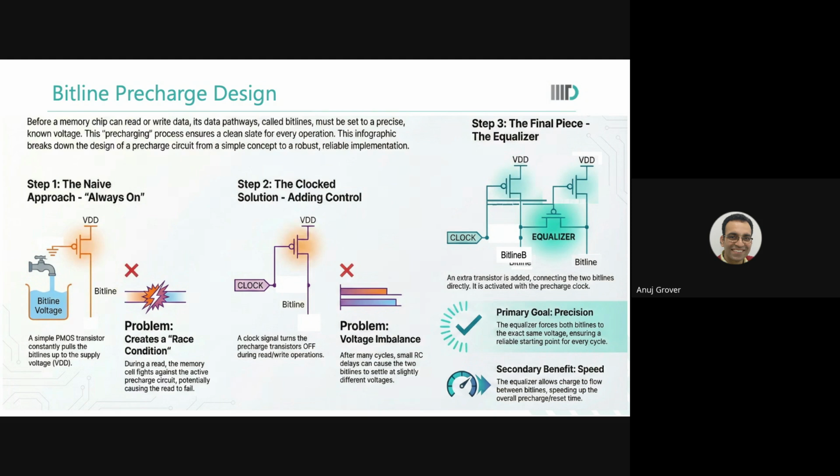Are you with me on this? So it is a trade-off now between two timings. Will I increase the access time, or will I let the cycle time increase?